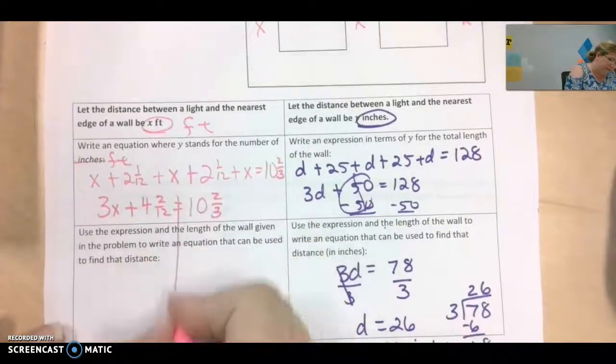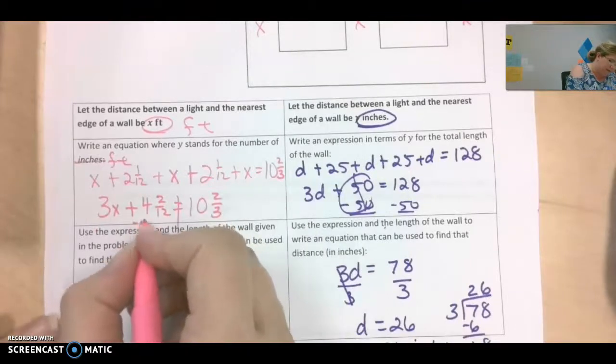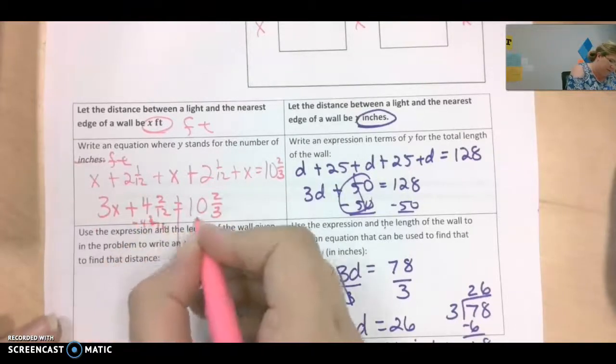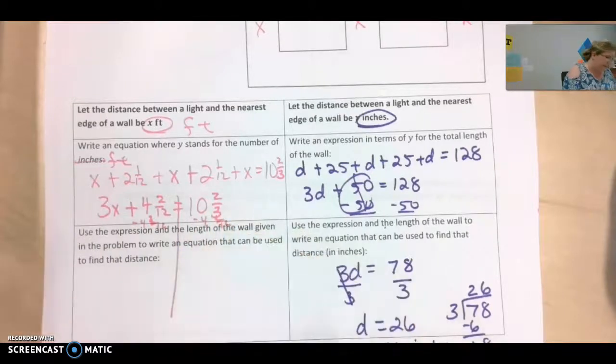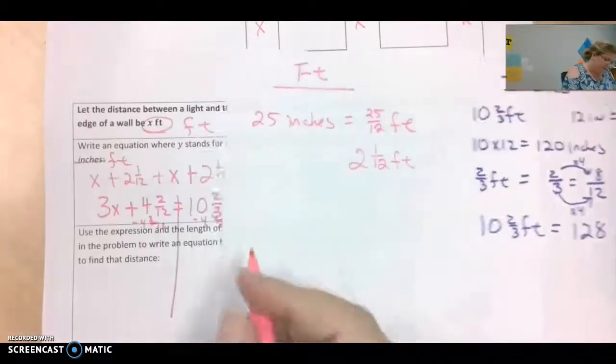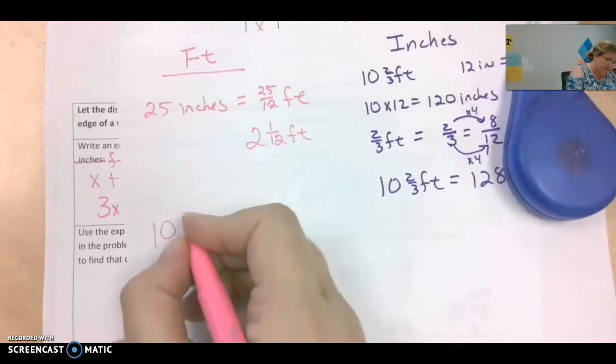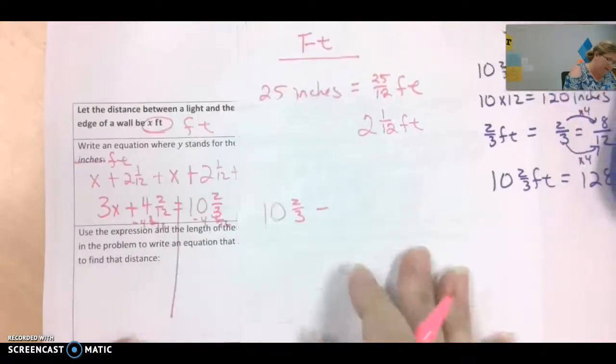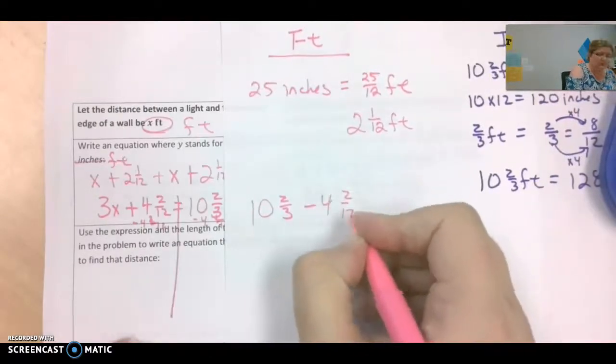And now I would need to subtract the 4 and 2/12 from each side. I think I'm going to do that on my other paper. So I've got 10 and 2/3 minus 4 and 2/12.